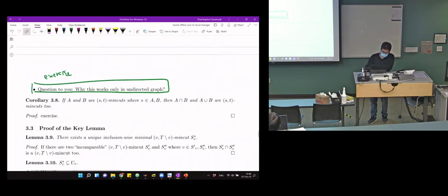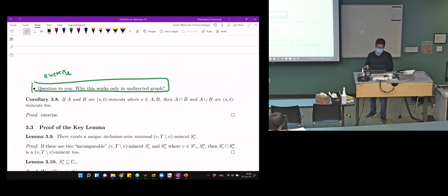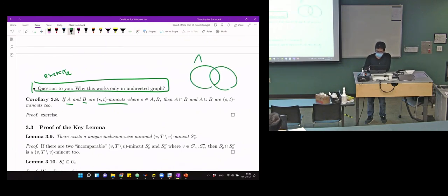But now, suppose that A and B are ST min cuts, and let's say S is here, T is here.